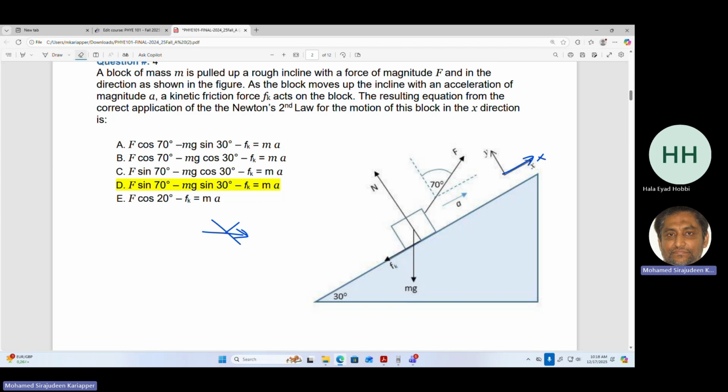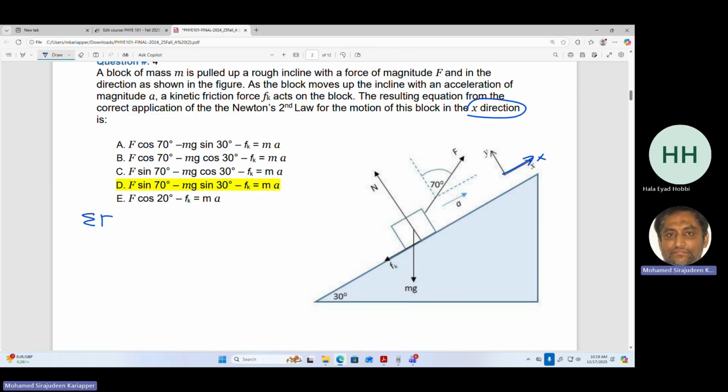Now, this is not a numerical question, but to test whether you know how to apply Newton's second law. So, he is even telling us, apply Newton's second law in the x direction. So, you're being helped a lot.